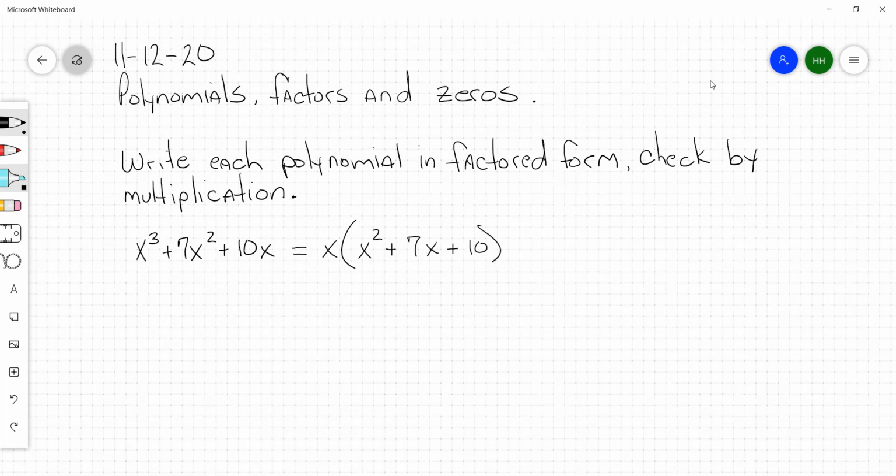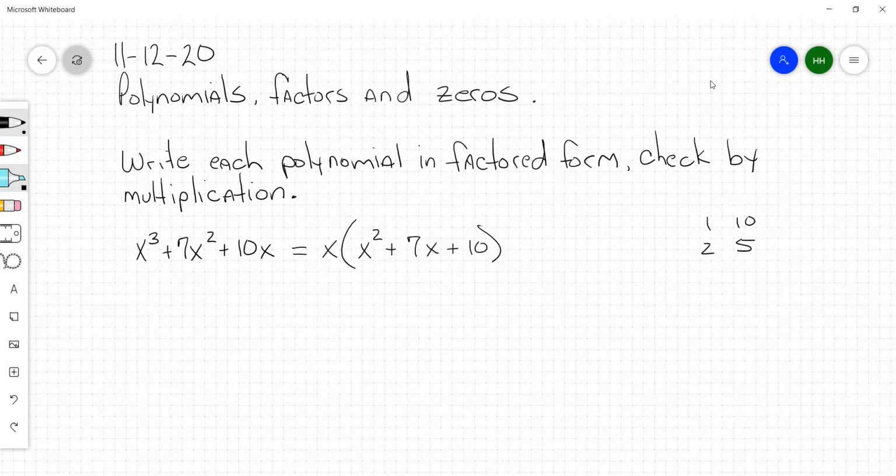So now that's step one. You factored out an x. The next step is going to be to factor this trinomial that's inside the parentheses. So you're looking for two numbers that multiply to 10, but add to 7. Multiply to 10 and add to 7. So your factors of 10 are 1 and 10 and 2 and 5.